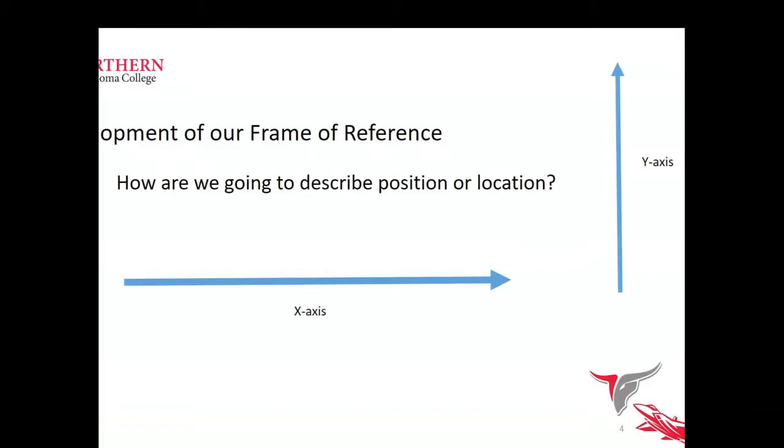And I've drawn 2 arrows on the screen. Those arrows can be described as vectors. Okay? Vector is a very important concept. Vectors have direction and magnitude.